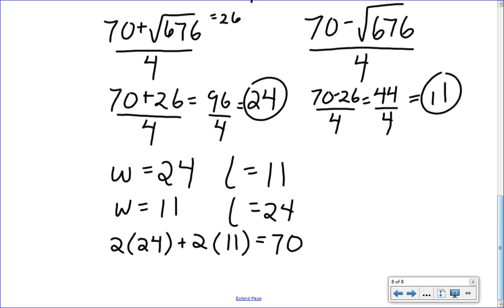We could test it out in our calculator or by doing the math out. So 2 times 24 is 48 plus 22 is 70. And likewise, these could be switched. So as you can see, the length and width are really interchangeable in this particular problem.